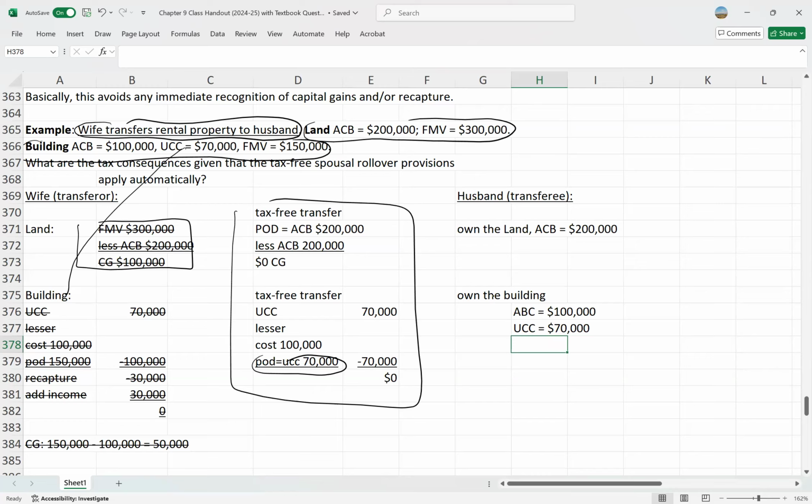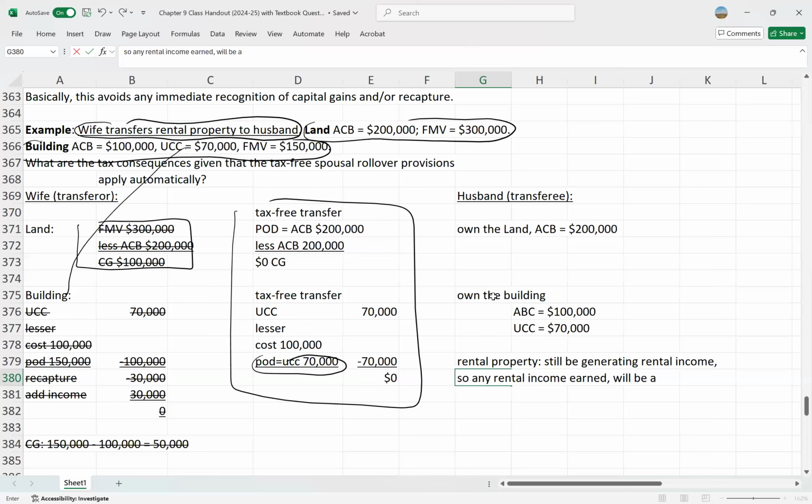But because this is a rental property, it's still going to be generating rental income. So what that means is that any rental income earned will be attributed back to the wife, and she would have to include it on her income tax return.